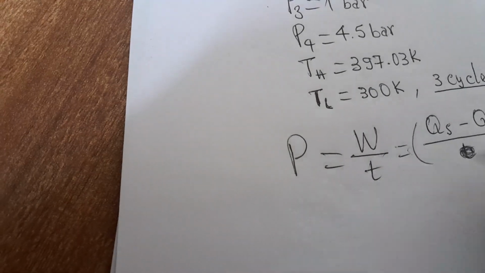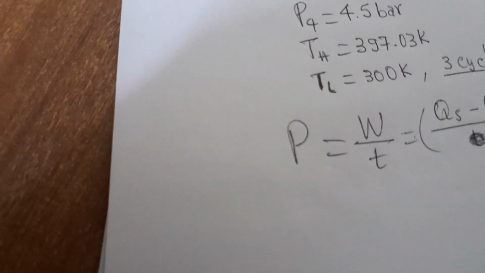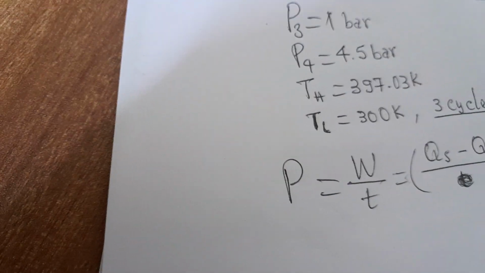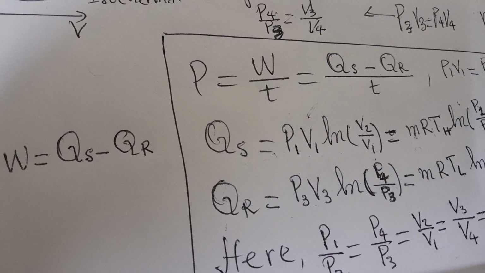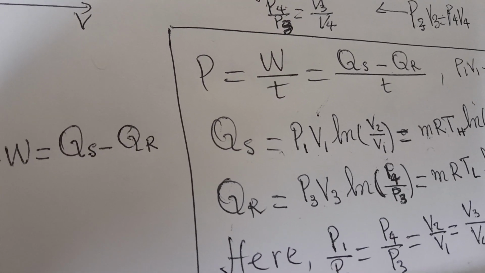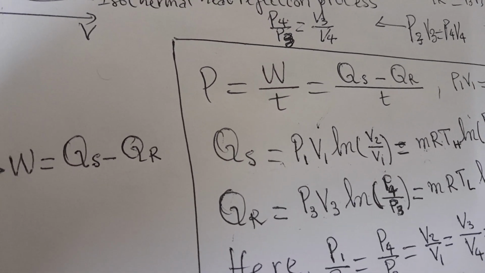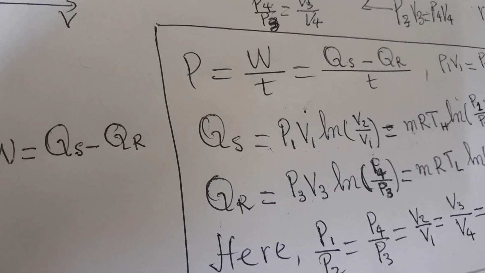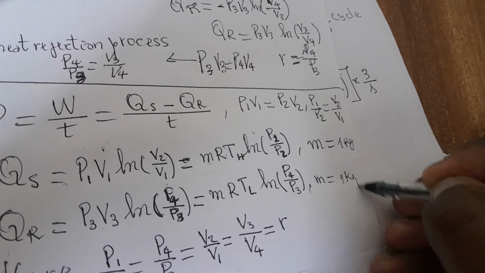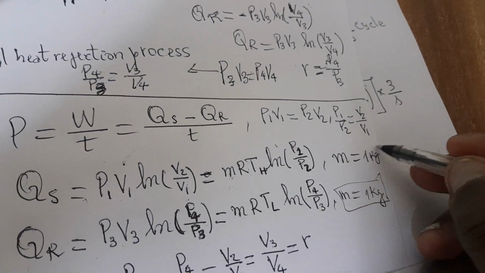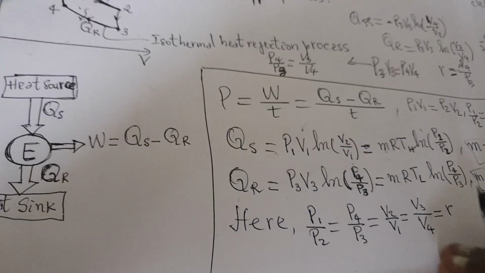Then you just have to substitute. So what will be your Q_R? Q_R will be equal to Q_S. As we know, just copy it here. For the Carnot cycle, mass is 1 kilogram. Anytime they ask you, mass is 1.